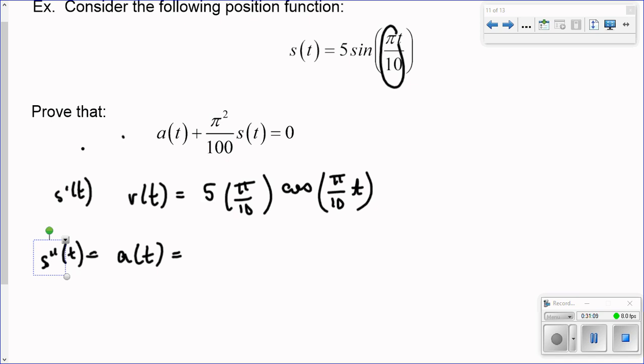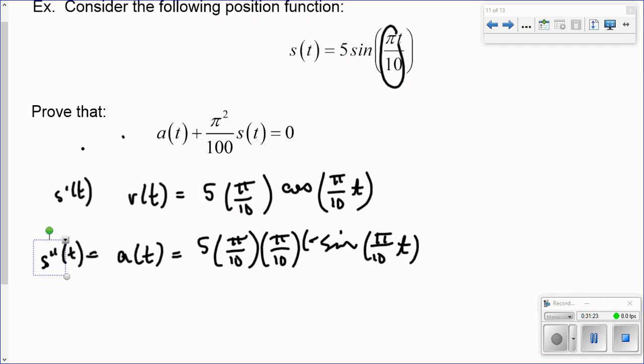Alright, so now I have to take the 5 and the pi over 10. Now I can take the derivative of this again. That's another pi over 10, and the derivative of cos is negative sine of pi over 10t. So this cleans up to negative 5 pi squared over 100 sine pi over 10t.